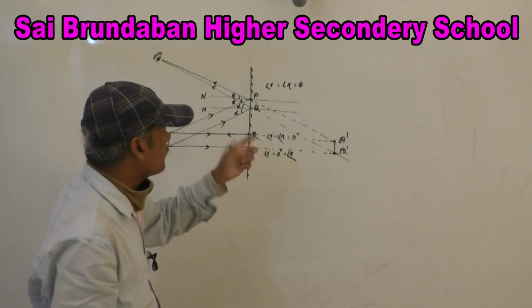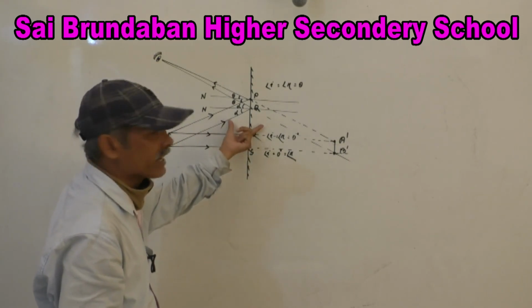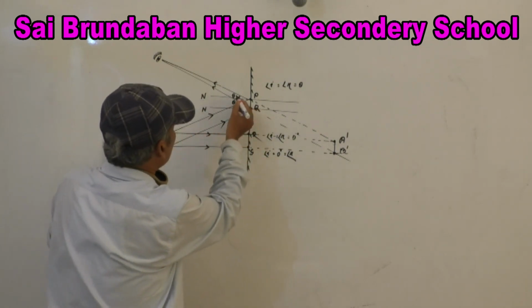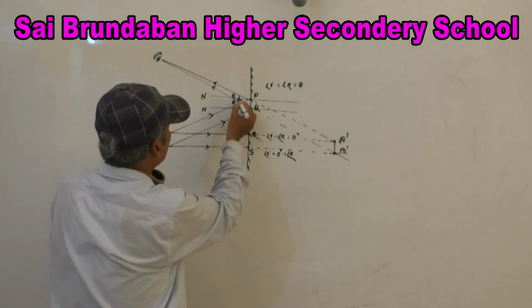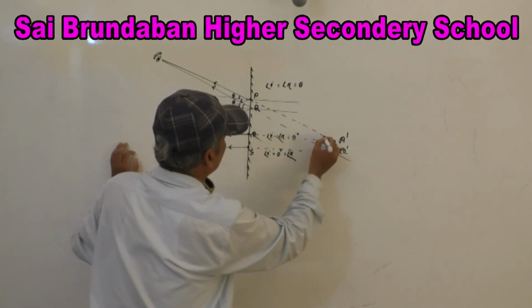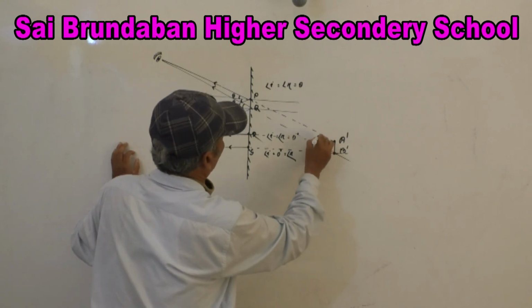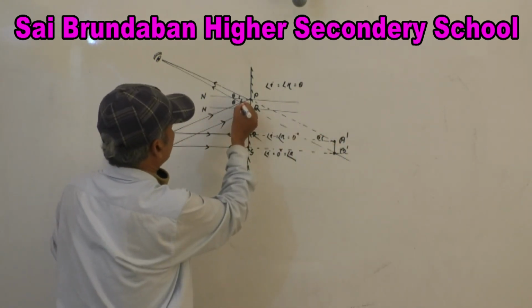Let's take these two triangles. So now you see this angle is theta. Once this angle is theta, this angle is also theta.